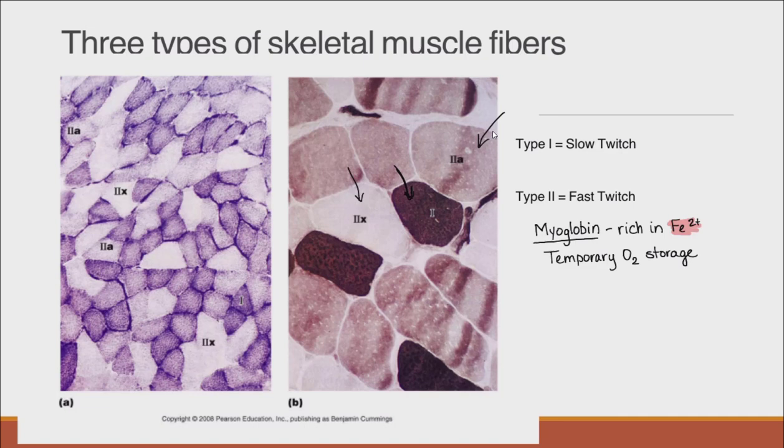And the more myoglobin you have, the more oxygen storage that cell is going to have. So, using this information, we now see that yes, type 1, the slow twitch, is the darkest red. So what do you think that means for the amount of myoglobin that's in there? It's going to be the highest. So what do you think that means for the amount of oxygen that can be stored in there? It's also going to be the highest.